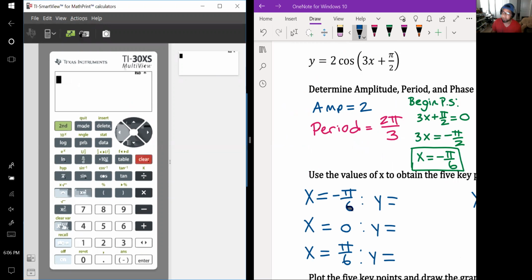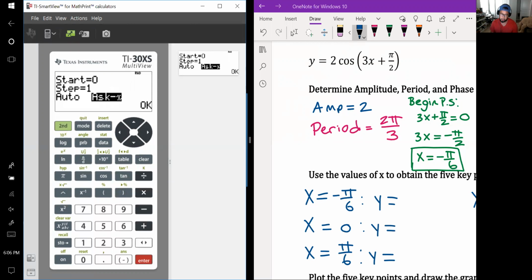So this time I'm going to use the table feature. I'm going to do 2 cosine of 3x plus pi over 2, just like the original problem states, and then hit enter. And make sure you just highlight the word ask, hit enter.